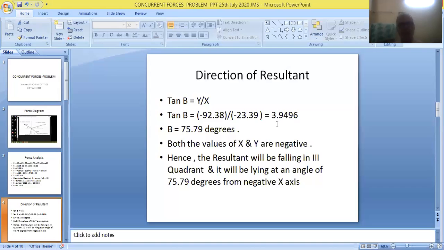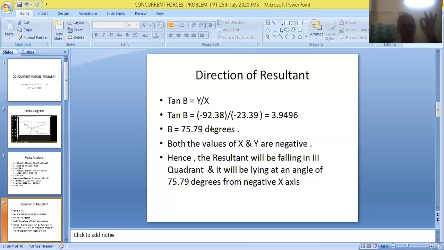So it will be coming to 3.9496. And from this we can measure the inverse tan of this 3.95. It will be coming to 75.79 degrees. So friends, this is called capital R, which we have calculated in the previous slide.